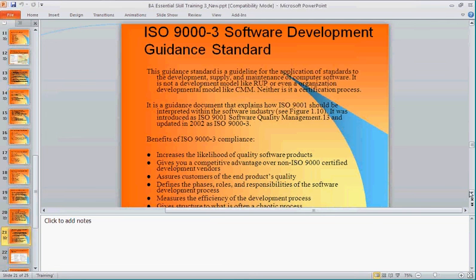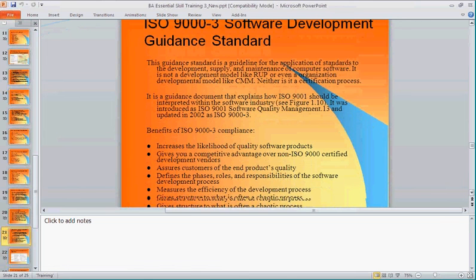Are you clear, all of you? And so long as you follow those processes properly, you will maintain the minimum level of quality. Are you all clear?